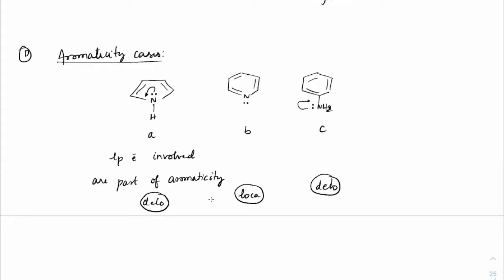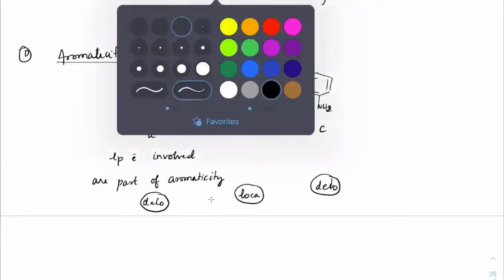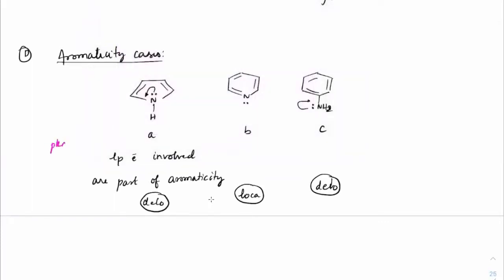Correct? So if you check out their respective pKa values, the pKa of pyrrole is around minus 3.5. This is a special case we'll be discussing again. It is so strongly acidic, which means it is so weakly basic, that its conjugate acid will be strongly acidic.